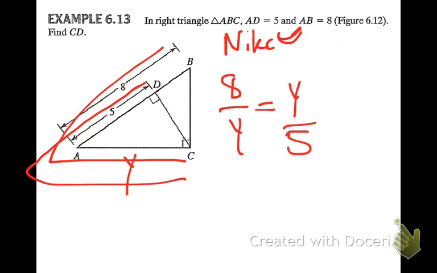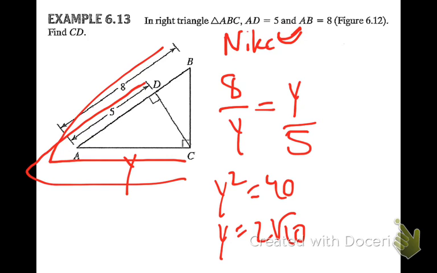That's the Nike swoosh method. 8 is to Y as Y is to 5. Cross multiply and solve, so Y squared equals 40. So Y equals 2 radical 10, which is equal to AC. Questions on the Nike swoosh method?